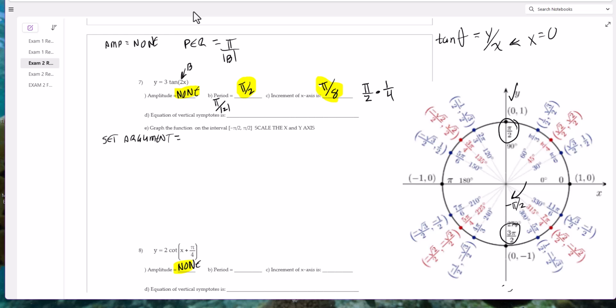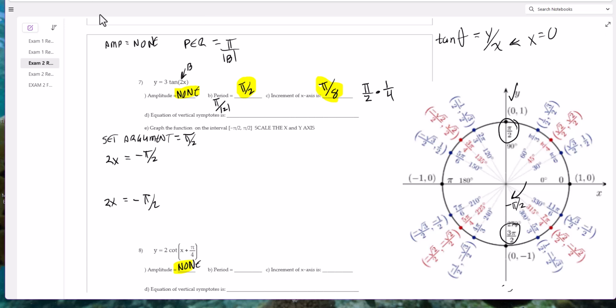So I like to just use pi over 2. So the argument is 2x. So I set that equal to pi over 2. Now, I'm going to also set that equal to x equals negative pi over 2. Okay, so if I do that, that will give me where 2 of my asymptotes are.